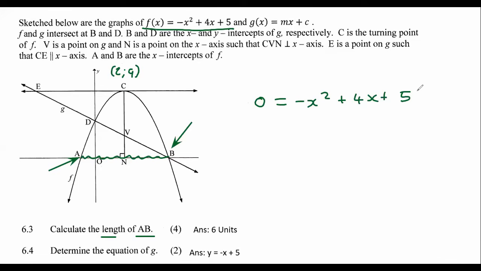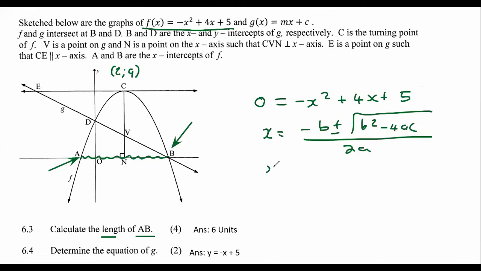You can solve this by using the quadratic formula, trinomial, using the brackets, whatever you like. I'm going to be lazy and just use the quadratic formula, but this one could definitely factorize. I'm just going to plug it all in on the calculator. Okay, x is 5, or x is minus 1.